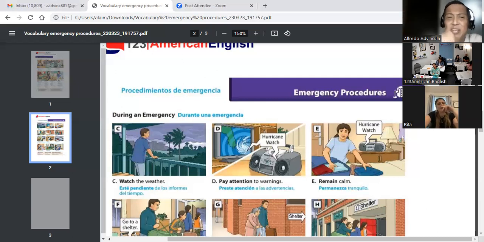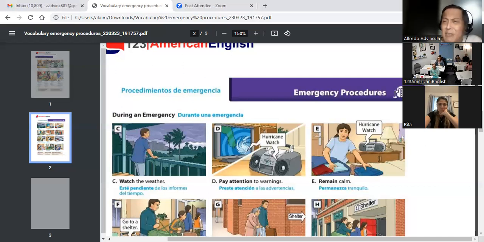So in this picture here, letter C, as you can see, the man looks like he's on a type of porch or balcony. And he's looking out, right? And the trees are kind of blowing. Yeah, it's windy. These look like palm trees to me, and they're blowing in the wind, they're swaying. Rain is coming.